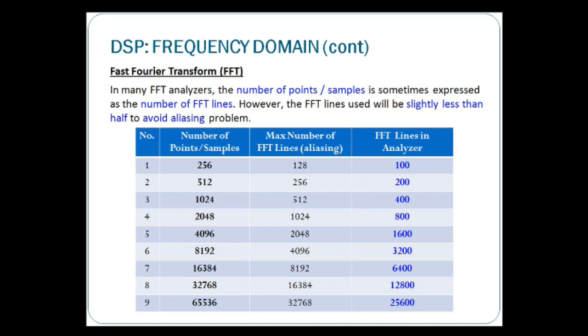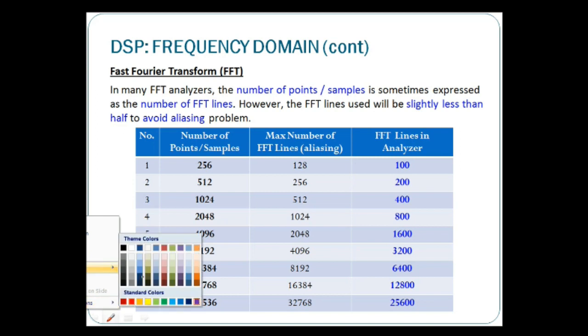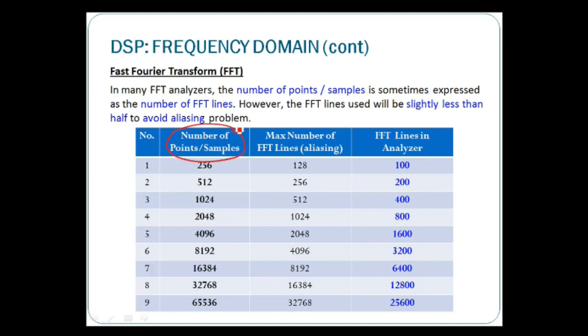So what I want to say here is, if you want to convert, you need to know the number of samples or number of points you want to use. If you have a digital signal in the time domain and you want to go into the frequency domain through FFT, you first need to decide how many samples you want to convert.